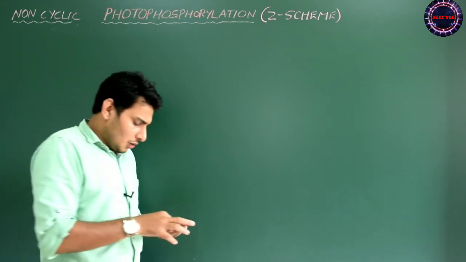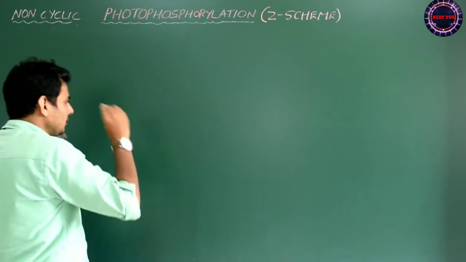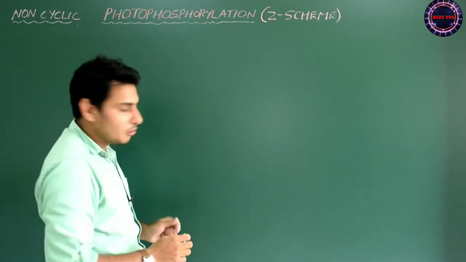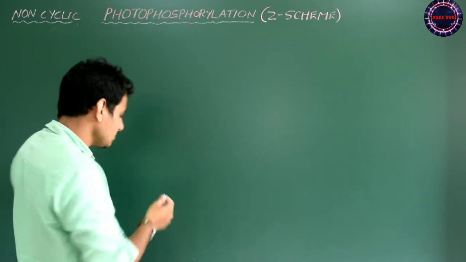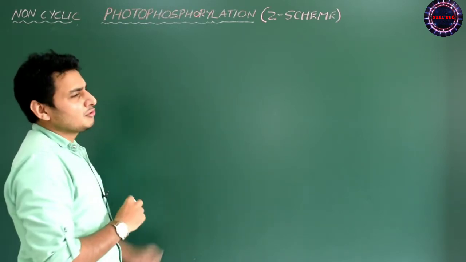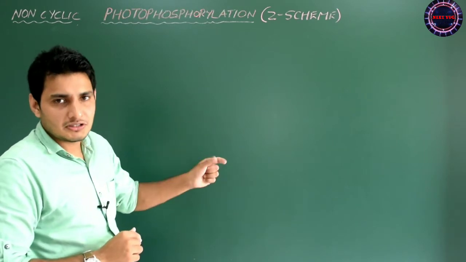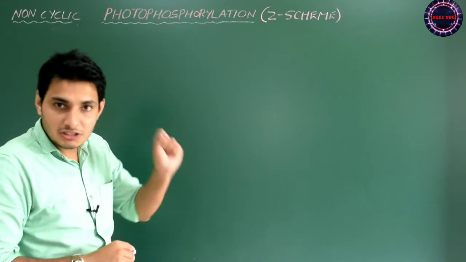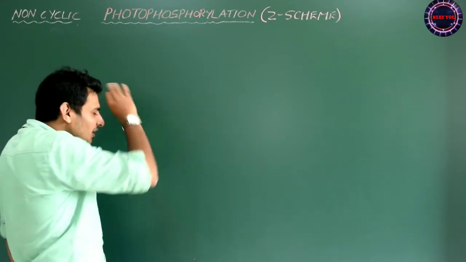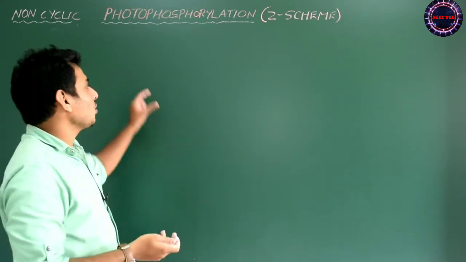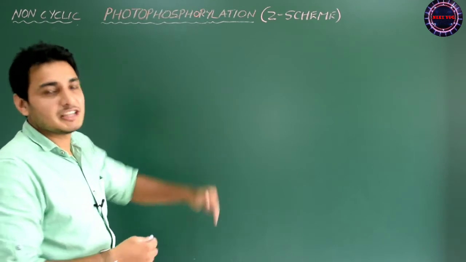Now let us imagine the entire green board as the stroma of the chloroplast, where exactly the non-cyclic photophosphorylation occurs. That occurs within the thylakoid, the coin-shaped structure, right? In the thylakoid, it is in the membrane of the thylakoid.